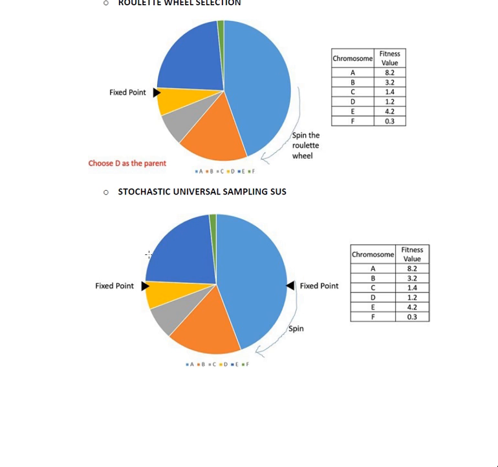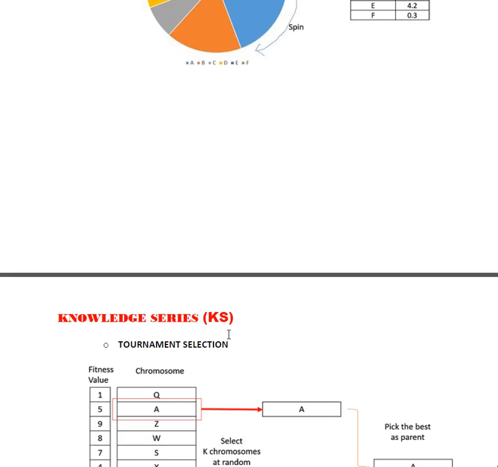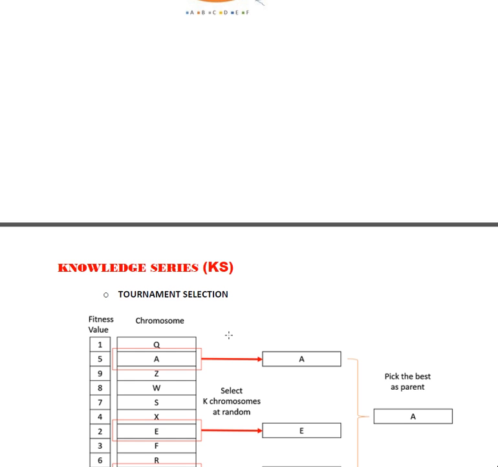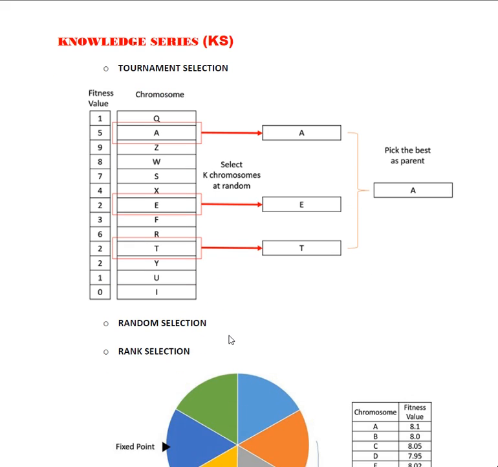Compared to the roulette wheel, there is another selection method, which is tournament selection. Now in the case of tournament selection, there are fitness values given. Let us take this as k individuals.